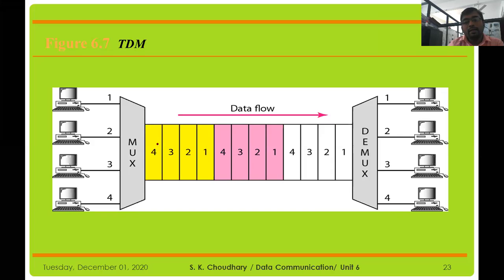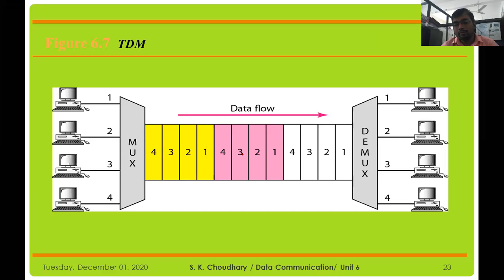Each signal of all four sources is given a time slot during the transmission. After the completion of all four signals, the time slots are repeated, and the switching happens so fast that it is very difficult to distinguish.